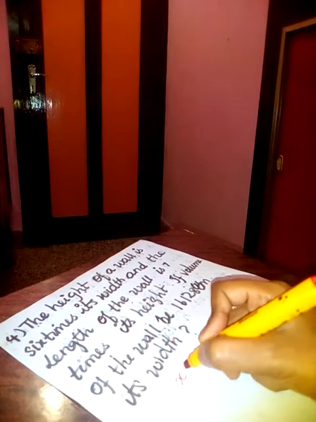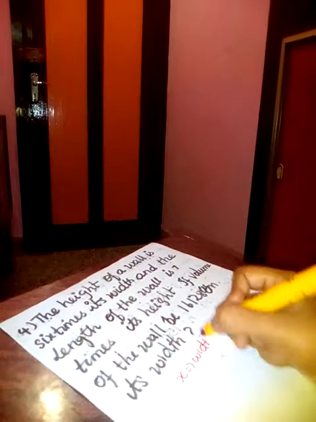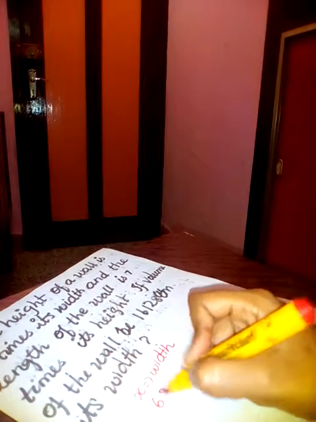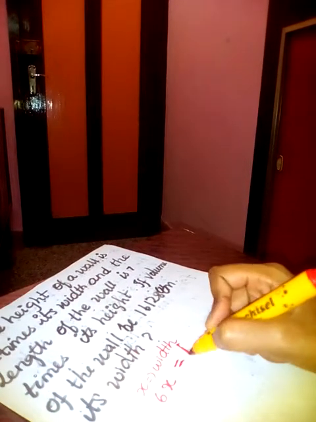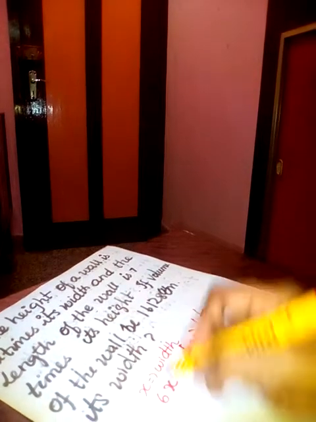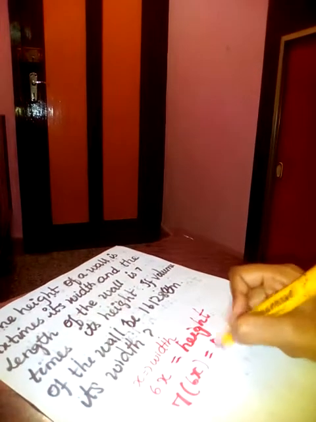So x is width, 6 times x is height, and 7 times the height is length.